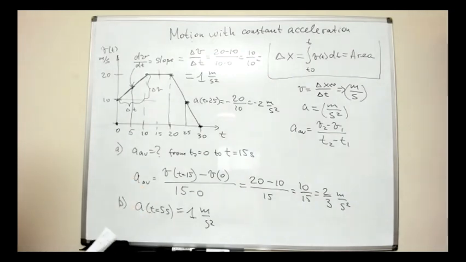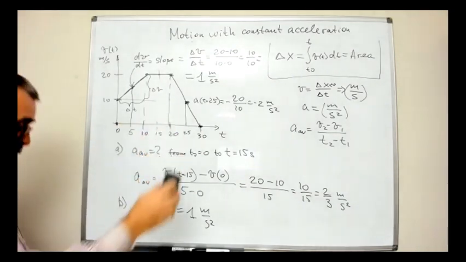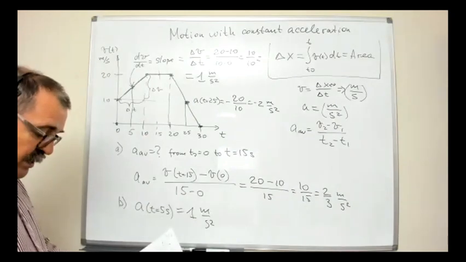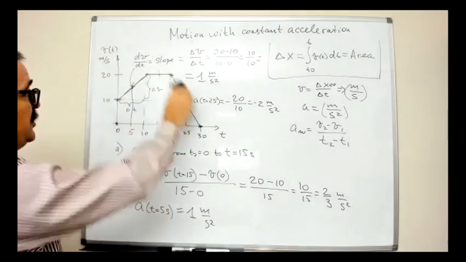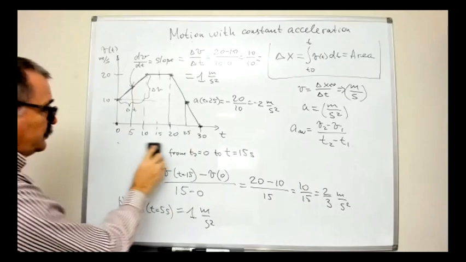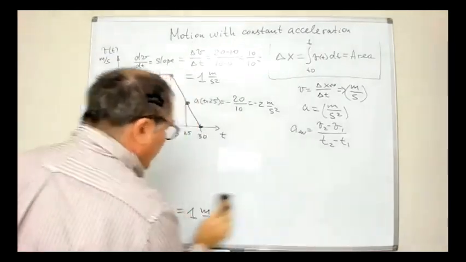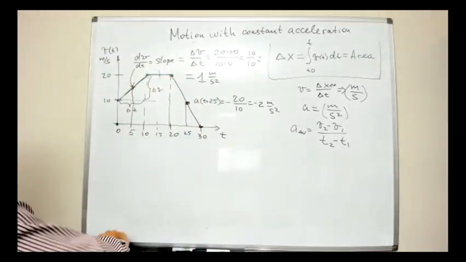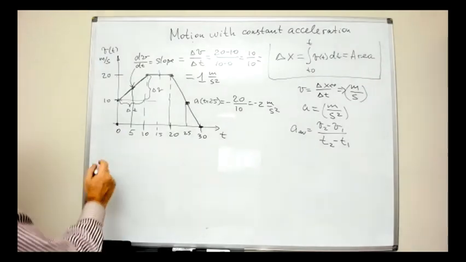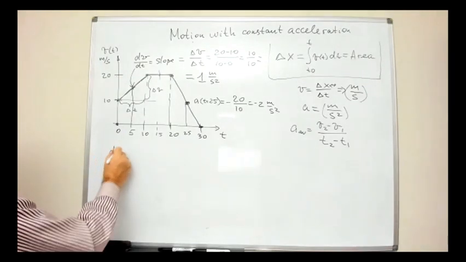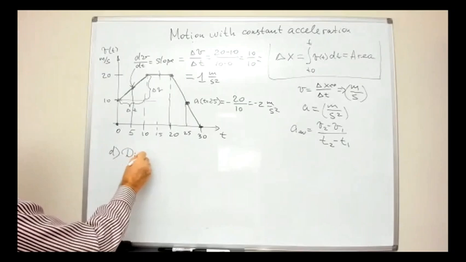All right, so the last question here I would like to answer is, what's the displacement of the object during the 30 seconds? So the total displacement for this motion.